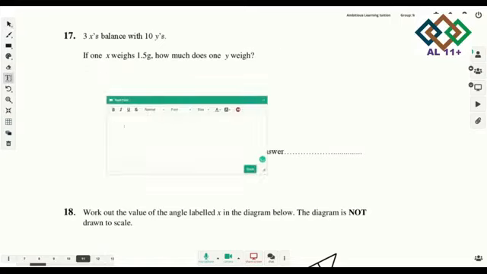So how would we do that? I will just write down as much information as is given to me. 1.5 multiplied by 3, that's given to me, equals 4.5.